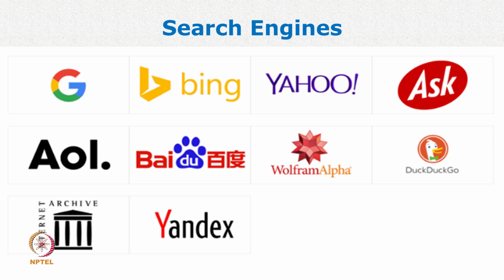We should be aware that there are other search engines, as you can see here on this screen, and also meta search engines which people can use to retrieve information from the web for better results if you are not satisfied with one search engine like Google search.